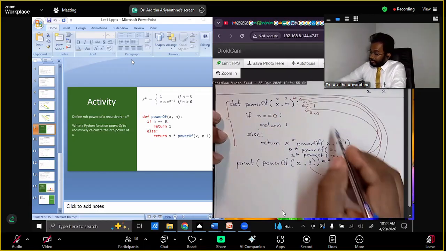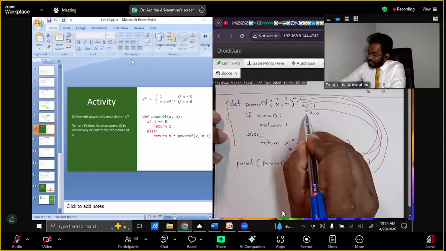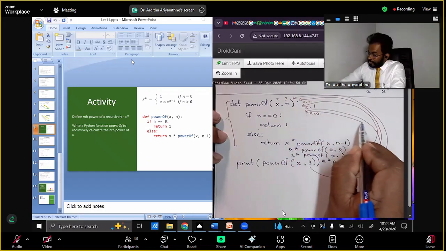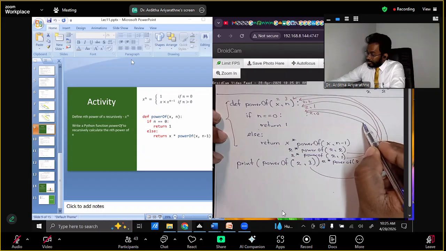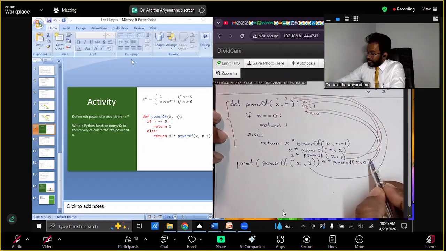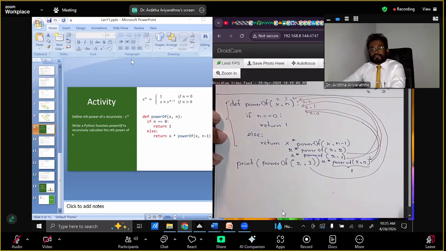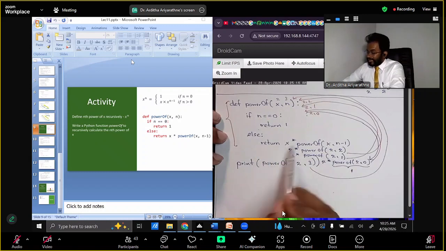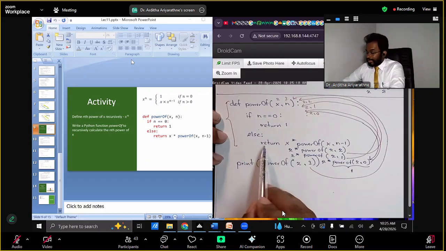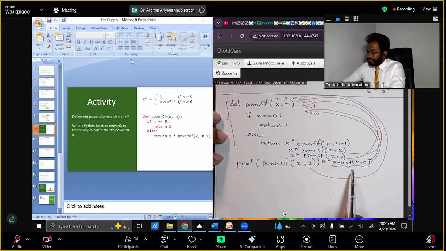Returning 1 means we go through this line and come to here. Now we know the value of this one is 1. Then 2 multiplied by 1, the answer is 2. We are inside else, so we have to return 2 multiplied by 1, which is 2.